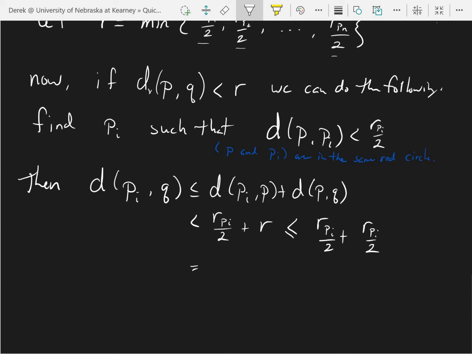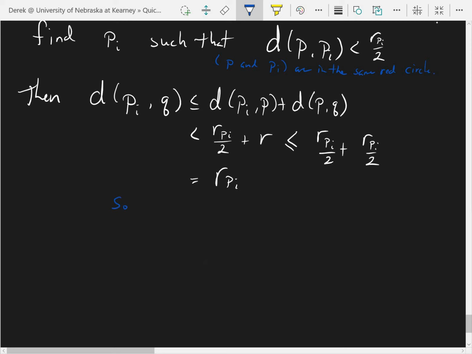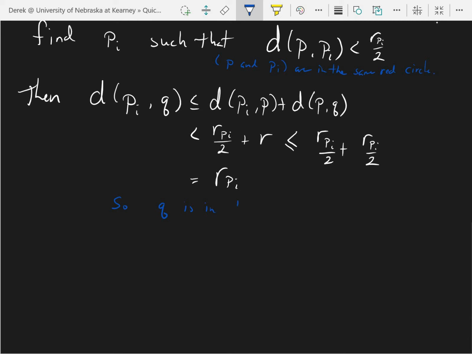So that's equal to R sub P sub I. Okay. So Q is in the white circle. Maybe I'll put that in blue because it's kind of a side note. So Q is in the white circle centered at P sub I. Alright. And that's pretty much all we need.